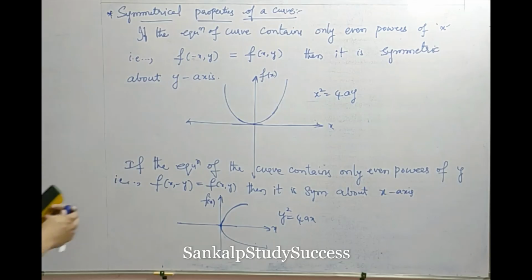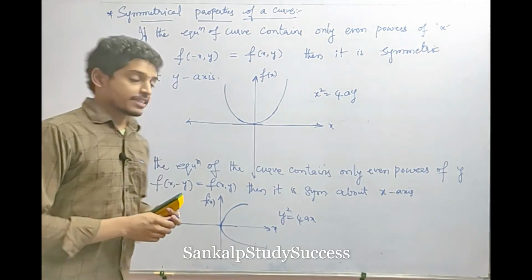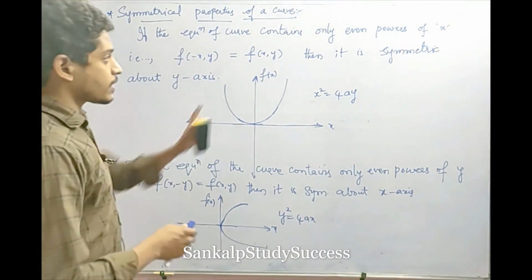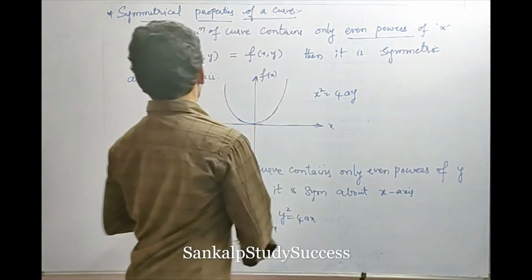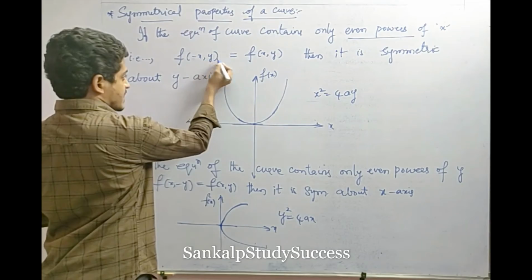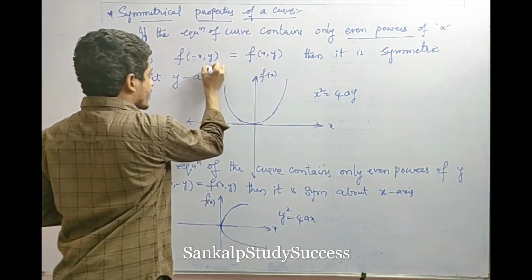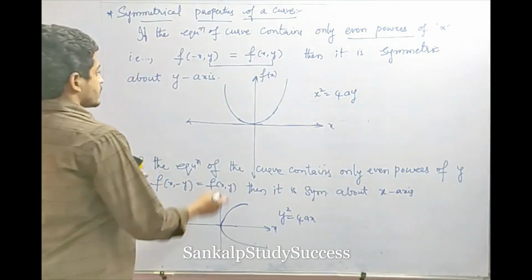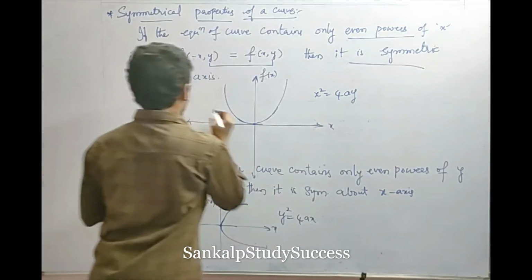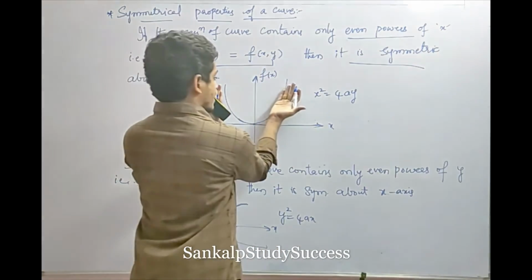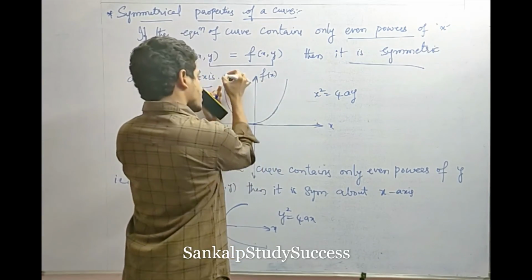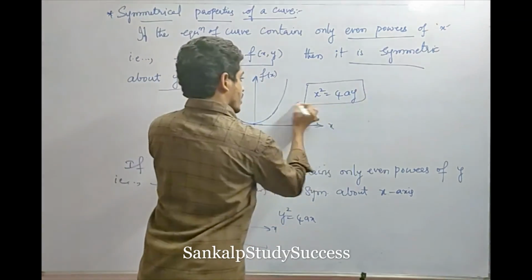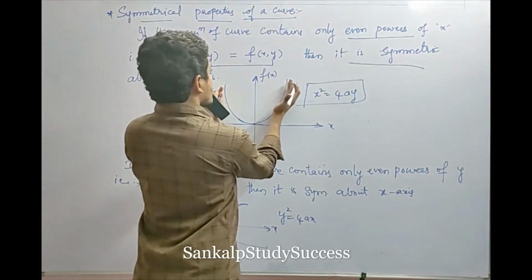Now let us see the symmetrical properties of a curve. Friends, if the equation of the curve contains only even powers of x, that is f(−x, y) = f(x, y), then it is symmetric about the y axis. When we fold along the y axis, this curve should touch the other half. An example is x² = 4y.